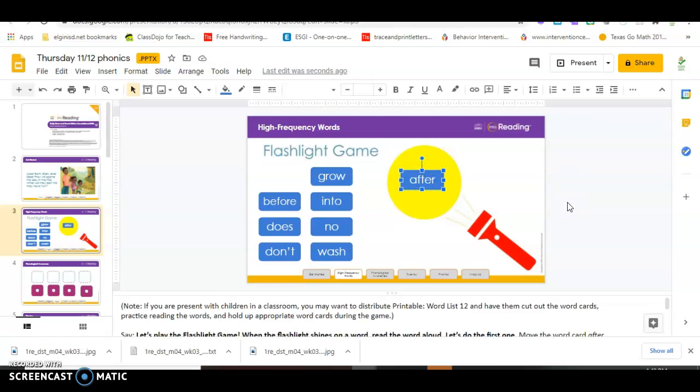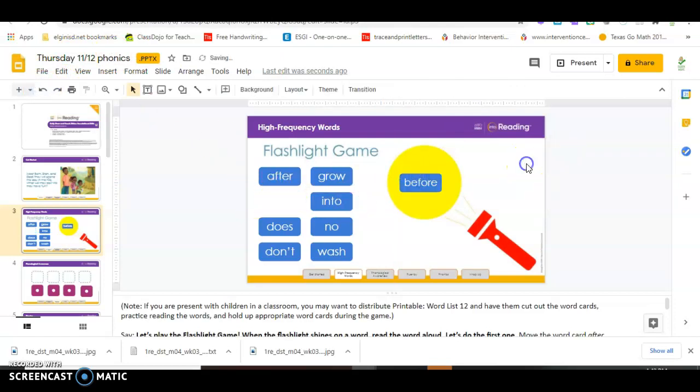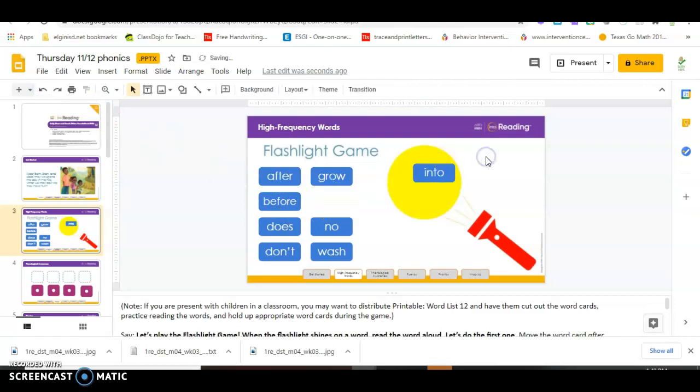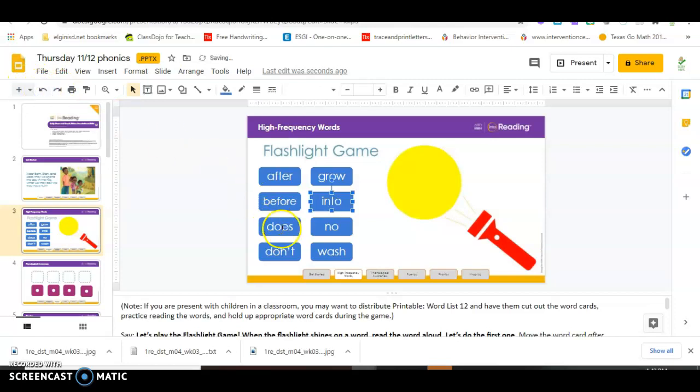After. Good. Now what is the word? Grow. Before. Into. Say the word when the flashlight shines on it.